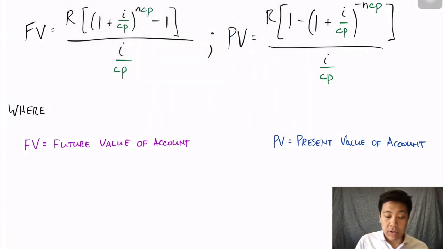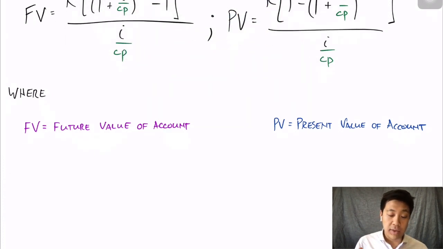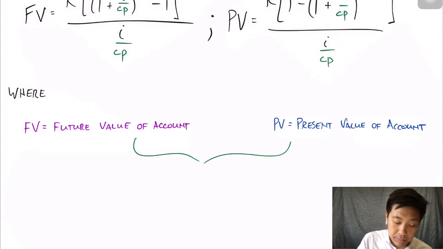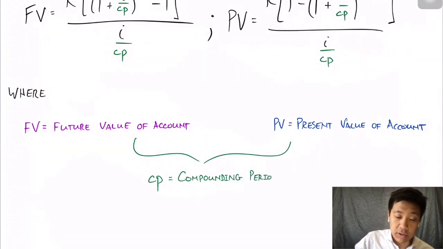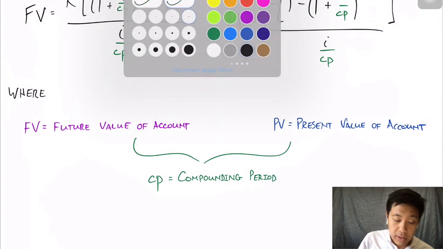And what I'll do is I'll note that they share both of them. So you can see here that this is what they both have individually, future on the left, present on the right. However, they both share the following: a compounding period, they both also share the several variables right there.